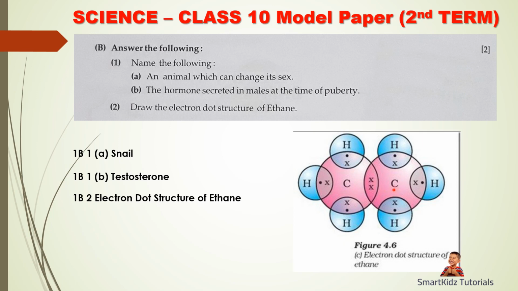So totally we know that a carbon atom has 4 electrons which are readily available to be shared with others. 3 of them are shared with these hydrogen atoms, and 3 of the other carbon atom are shared over here. 1 is shared between the carbons, which forms a single bond. These are all single bonds that are formed. So if you draw the structural formula of ethane, you will see that they are all single bonds.